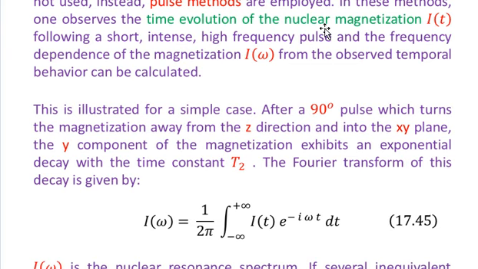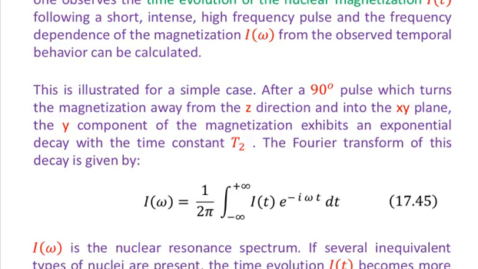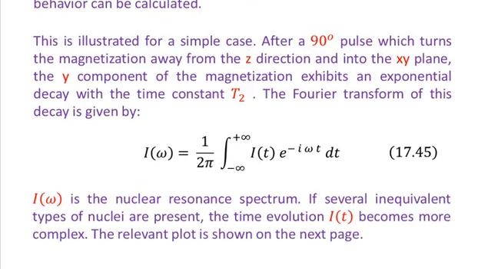So the time evolution of the nuclear magnetization I of t following a short, intense, high frequency pulse, and the frequency dependence I of omega, can be calculated from the observed temporal behavior. I have explained the integral which can be used to convert I of t into I of omega.